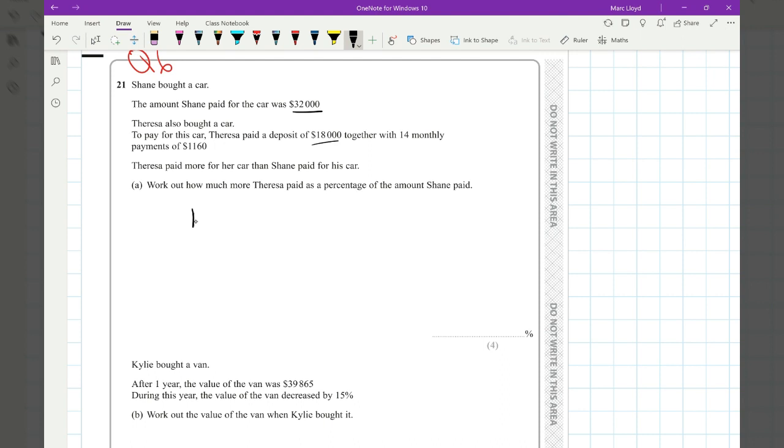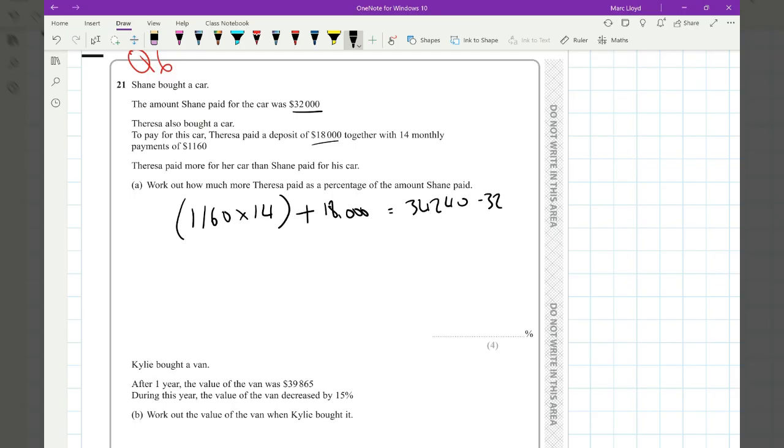So let's work out what she paid overall. We need to multiply the monthly payments by 14, and then we need to add 18,000, because a deposit is when you pay a bit of money up front and then you're left with a balance to pay at the end, or you're left with monthly installments. So that is 34,240.